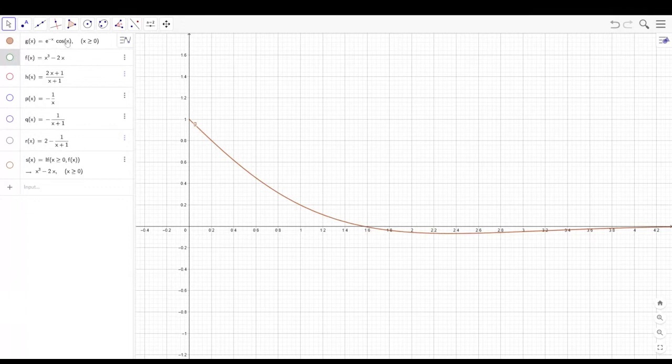And what you can also see, hopefully, is that cosine x is just between -1 and 1, and this e to the negative x really drags that cosine function down, so that when you're dividing, the exponential function really dominates. There's a battle going on, right? And the e to the x dominates.